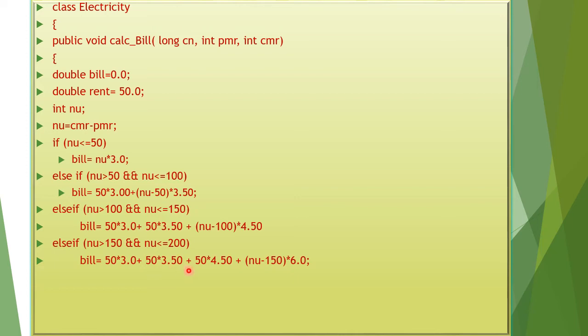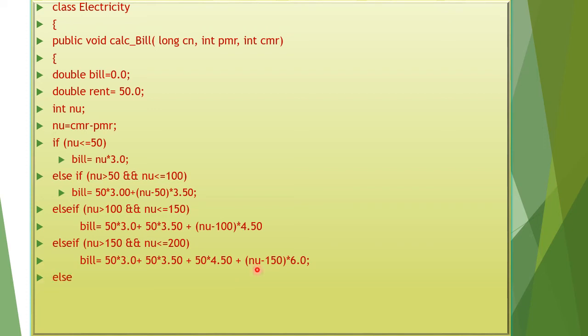So 50 star 3.50 plus for the next 50 units, that means units from 101 to 150, rupees 4.50 per unit. That is why we write here plus 50 star 4.50 plus for the units exceeding 150.